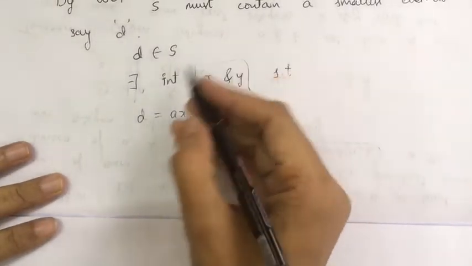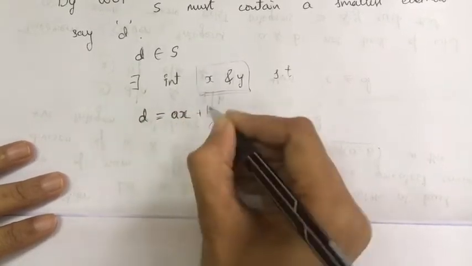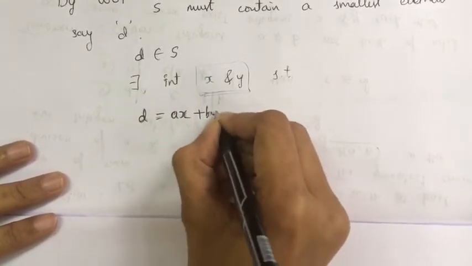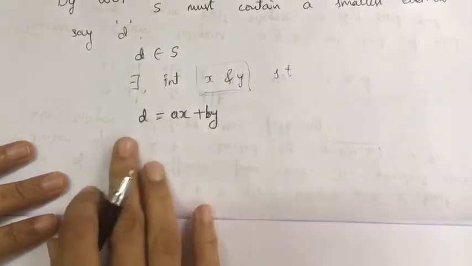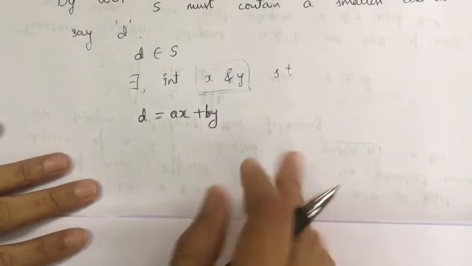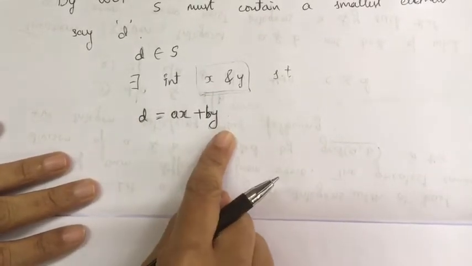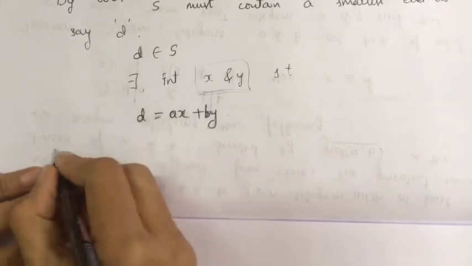So the thing is, if D belongs to set S, then for some integers x and y, I can write D as ax plus by. Now I claim that this is nothing but the GCD of A and B.